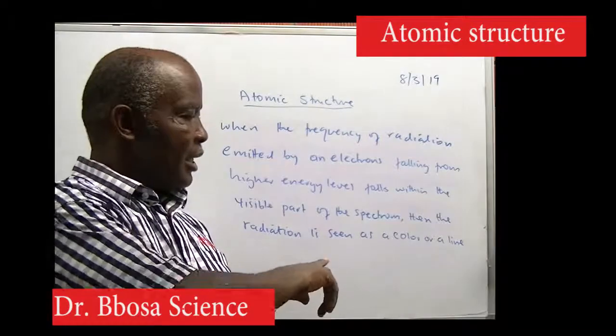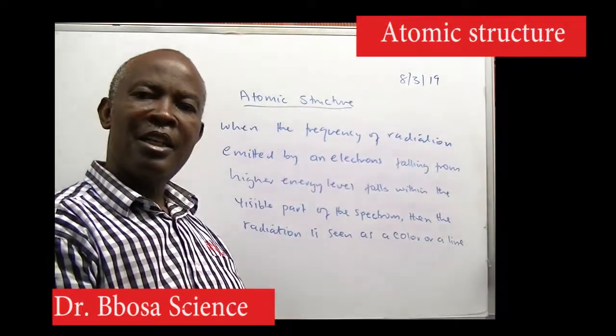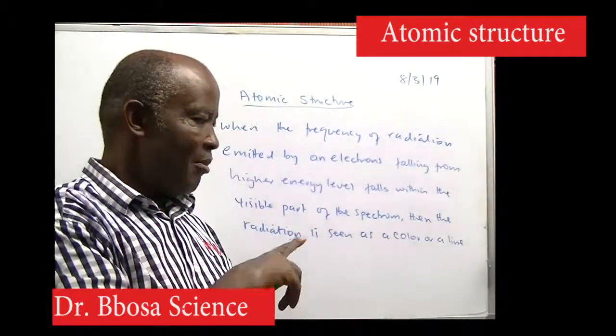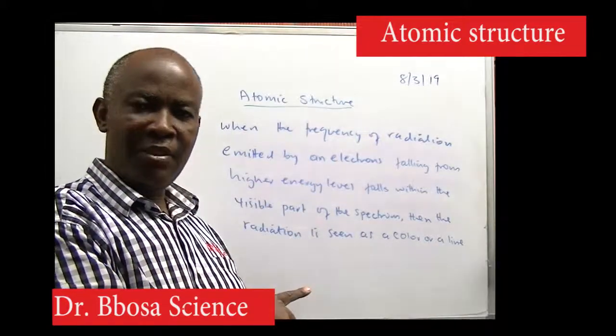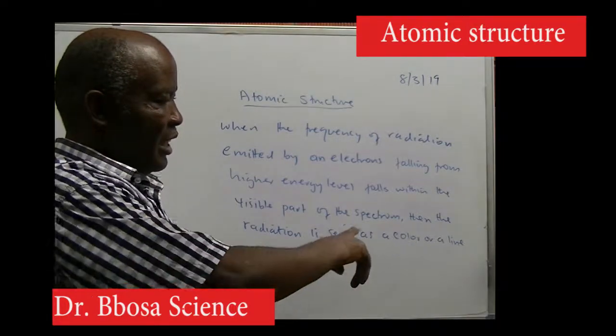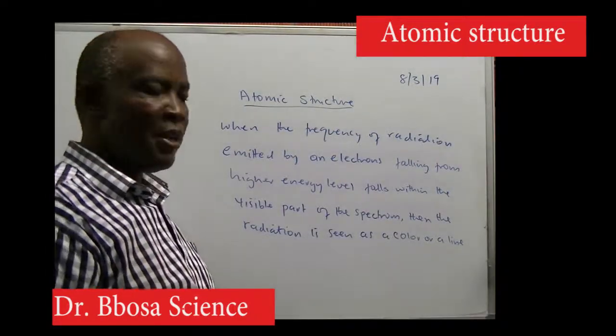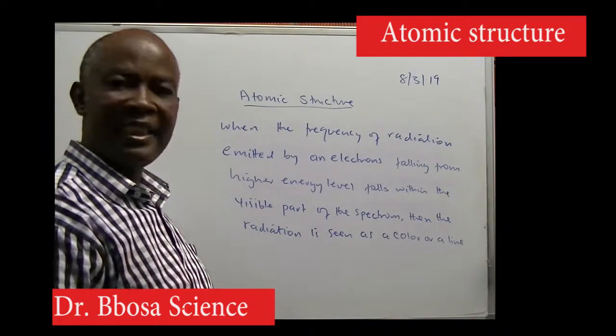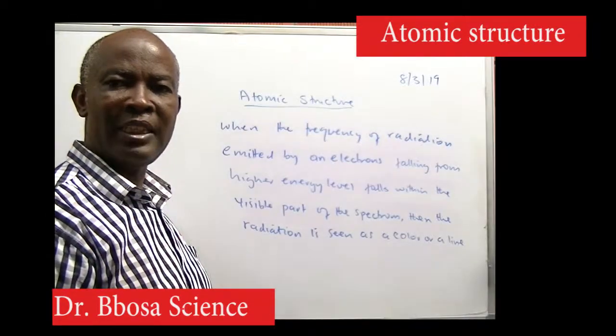But in chemistry, we don't refer to them as colors, we refer to them as lines. So if the radiation has a frequency within the visible part of the spectrum, then it will be seen as a line or as a color.